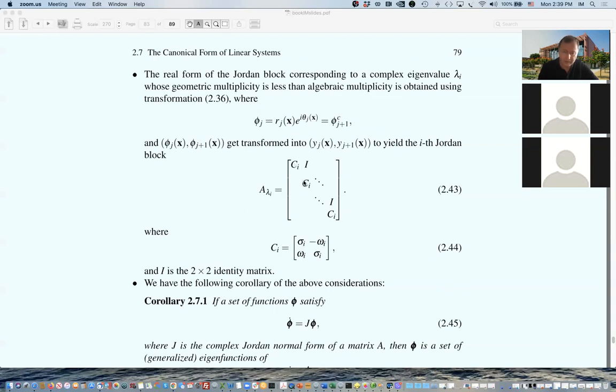While the complex Jordan block had eigenvalues on the diagonal, the real Jordan block has these dissipation terms, if we wish to call them that, provided the sigmas are less than 0, and then the frequency terms on the off-diagonal.